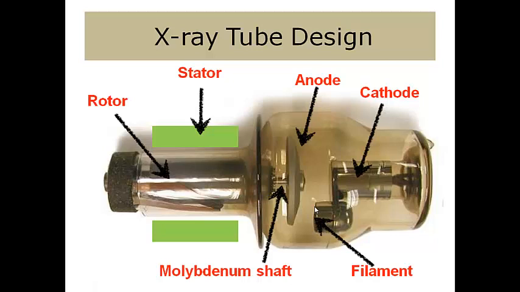The projected electrons will strike the tungsten, interact with the atoms in the tungsten, and produce X-rays.